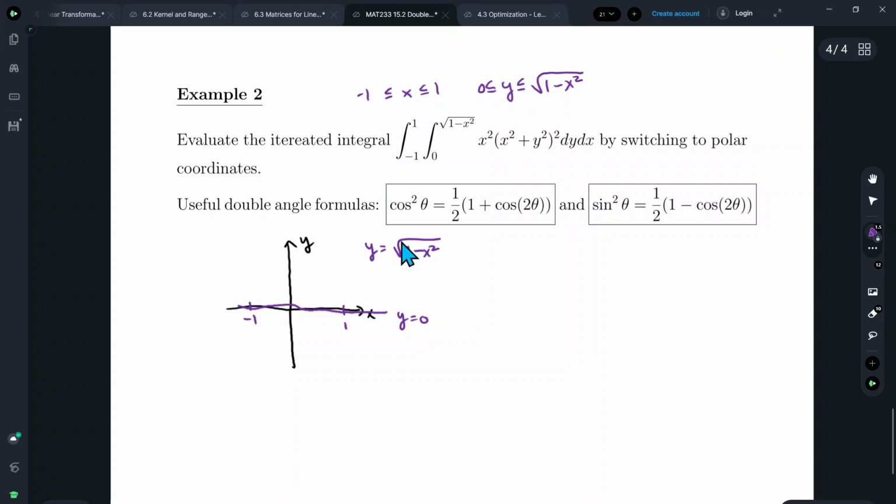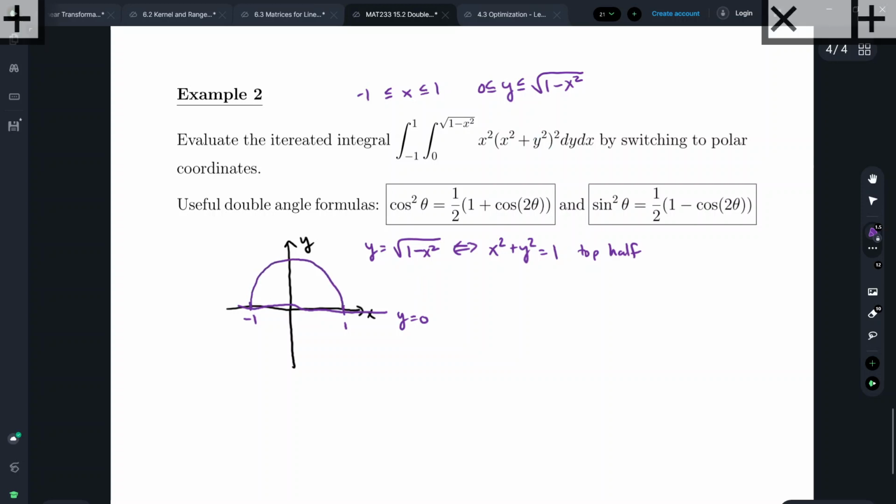Right, so if you rewrite this equation, you square both sides, you get y squared, and then you add the x squared over. It'll look like x squared plus y squared equals 1, but because this is the positive square root, this is just the top half. And so this curve is the top half of a circle of radius 1.